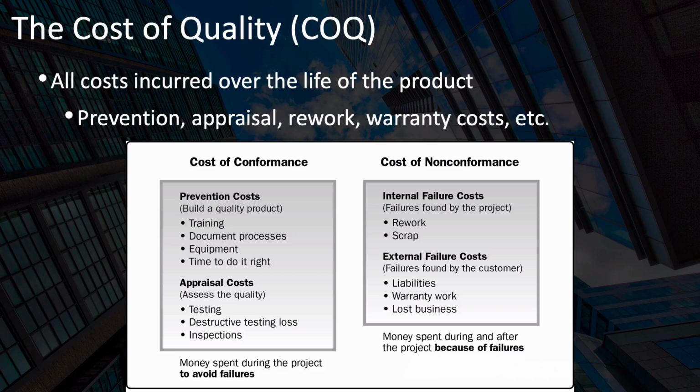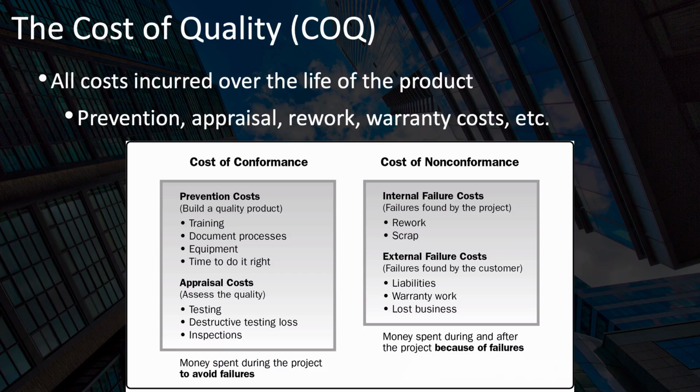You'll still want to inspect your work, but if you have a quality process, you can inspect just samples of your work rather than all of your work. These are known as appraisal costs and include inspections, testing, and in some cases, destructive testing.